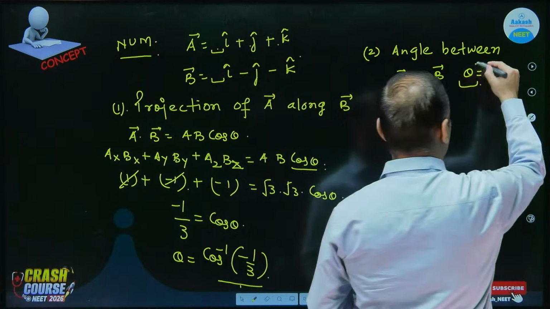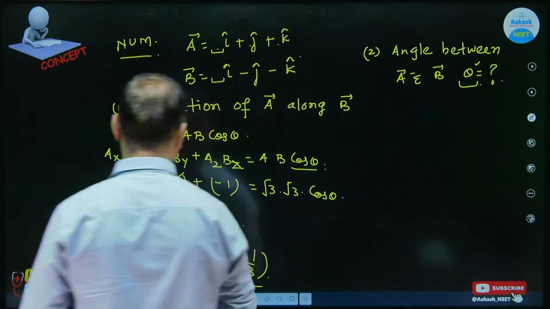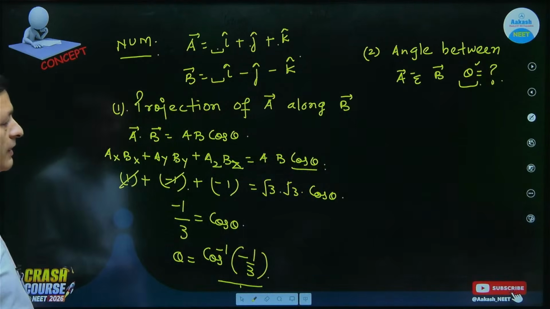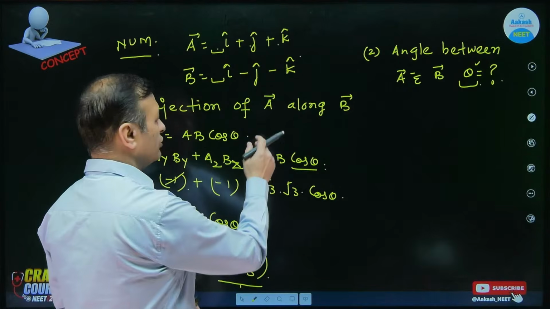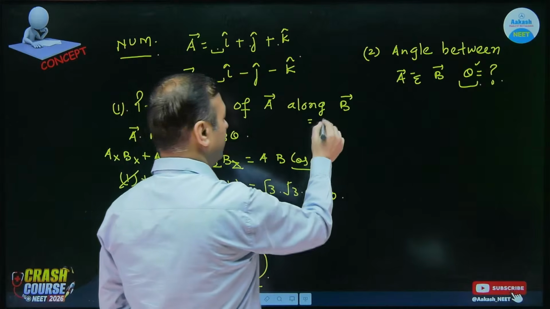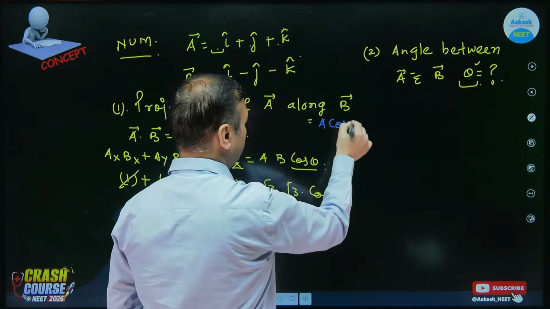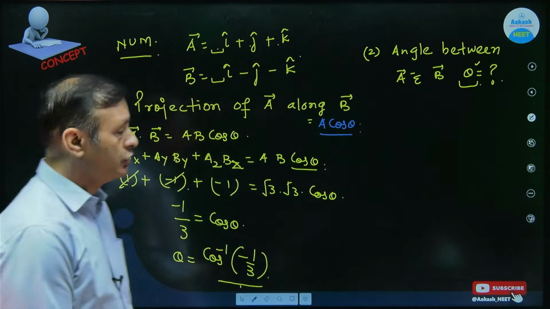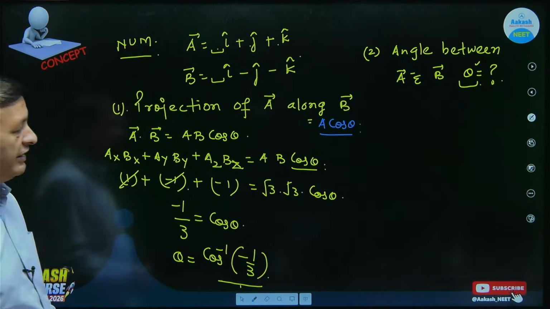Now we have to find out another question, that is projection of A along B. As we understood, projection of A along B we have defined as A cos theta. So we have to find out A cos theta.